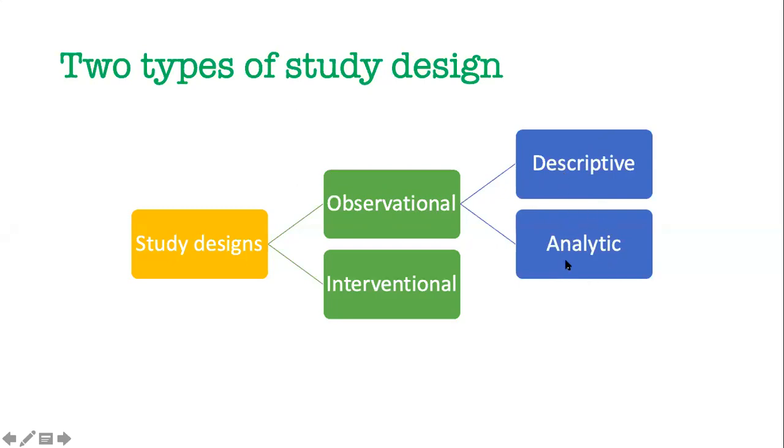In analytic studies, we use inferential statistics. Usually in descriptive studies, we only use descriptive statistics. Examples are mean, median, mode, percentages, and frequencies. Sometimes you can also use correlation, but these are largely just to describe the population.